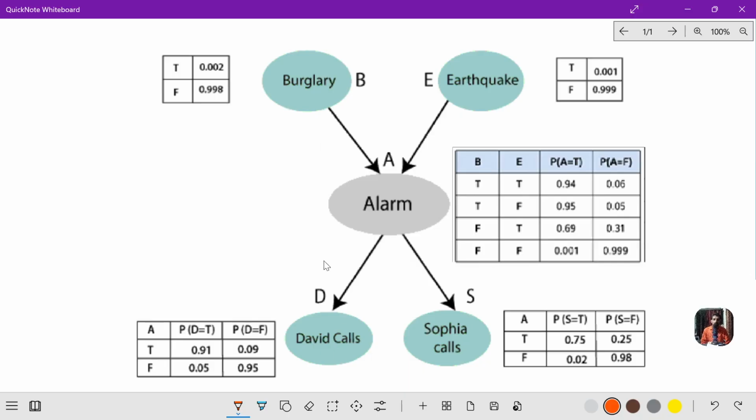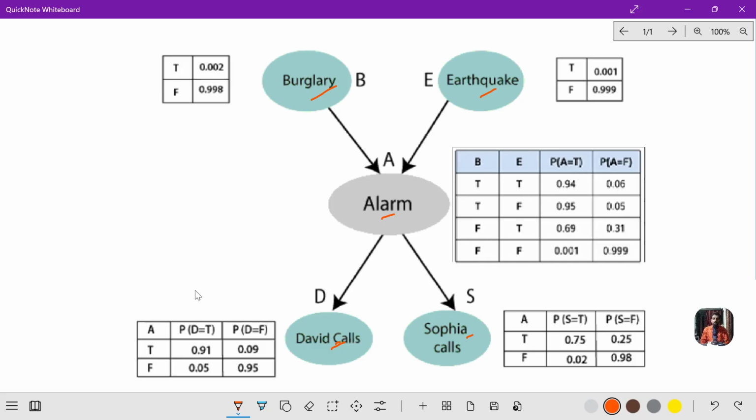The first random variable is burglary, the second is earthquake, the third is alarm, the fourth is Sophia, and the last one is David. We are going to find out the conditional probability table for each and every random variable. So we have some values regarding burglary, earthquake, alarm, and so on.